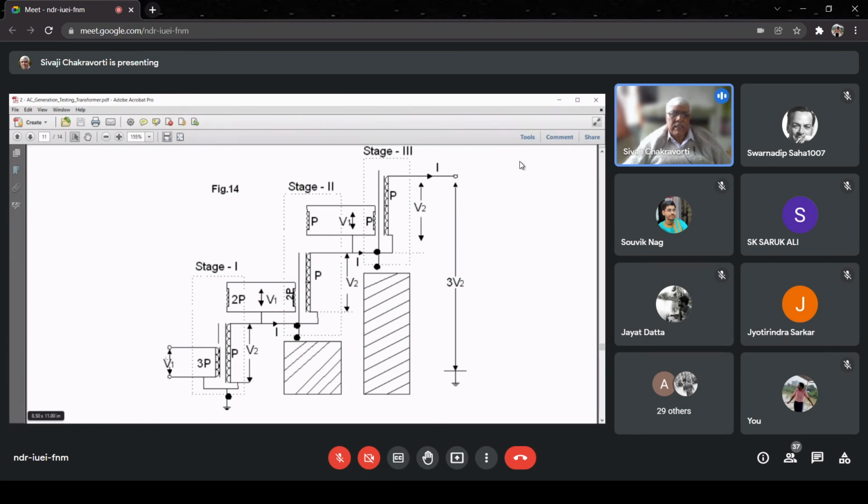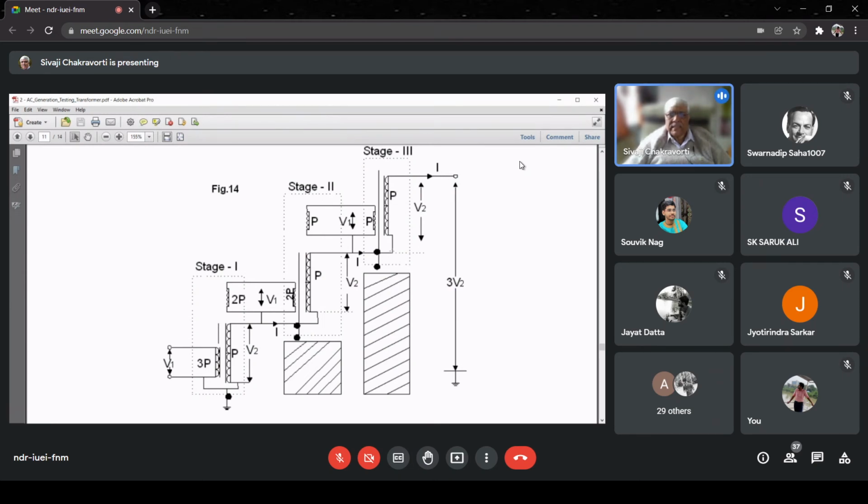That means if primary is V1, the tertiary is also V1. And this tertiary is connected to the primary of stage 2. So primary of stage 2 also gets V1, so its secondary voltage is V2. Then it also has a tertiary which is 1:1 with its primary, so it also gets V1. So the stage 3 secondary also gets V2.